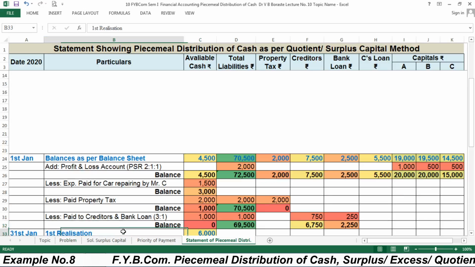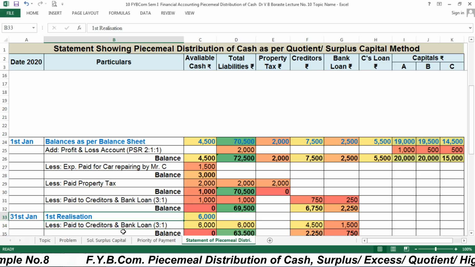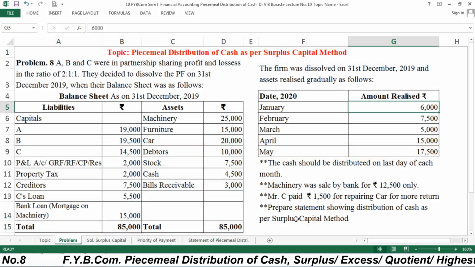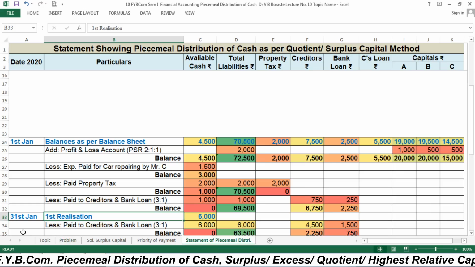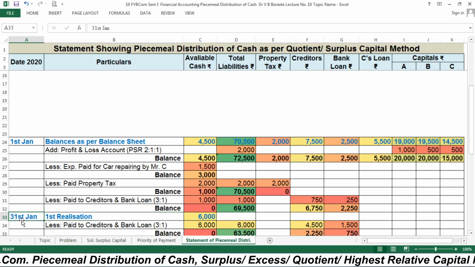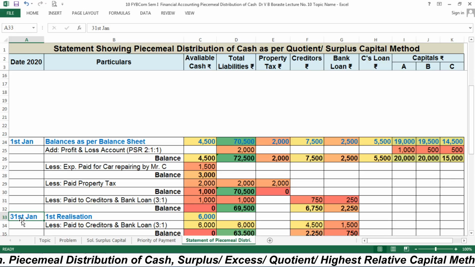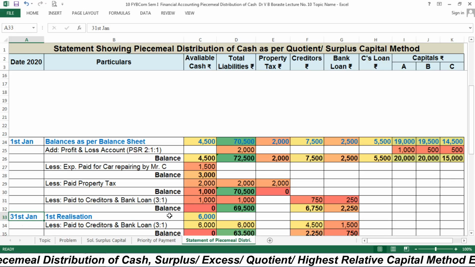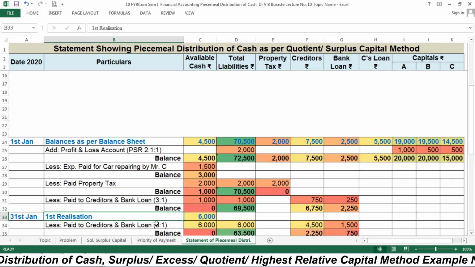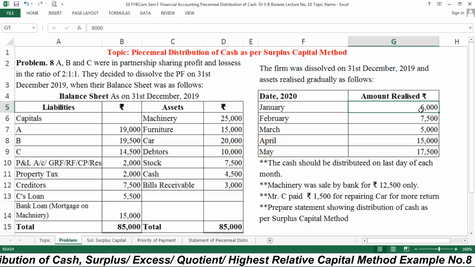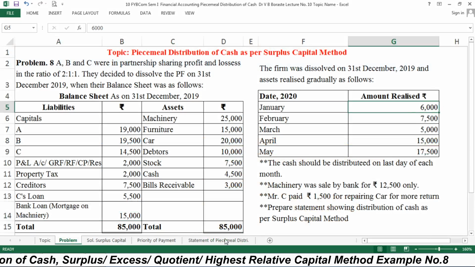So realization number 1, as mentioned in the problem, the cash should be distributed on the last day of each month. So we will put here the date of the last day, that is 31st January. First realization is of rupees 6,000. We take that amount from the first realization.